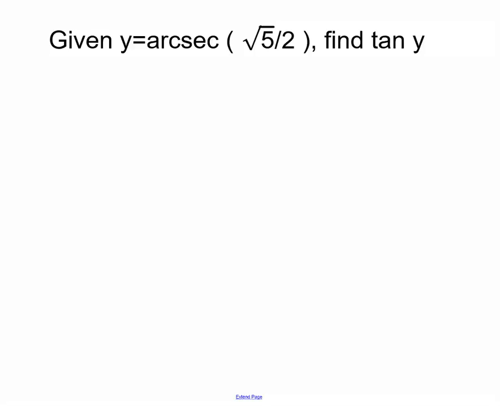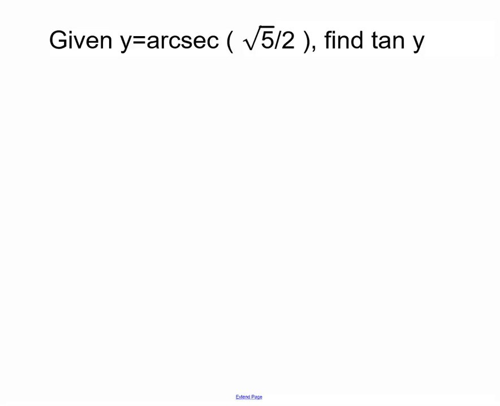So when we use inverse trig functions, it's because we are looking for an angle. One thing we know right off the bat is that y should be some angle. Even more specifically, our inverse trig functions help us find angles in right triangles.